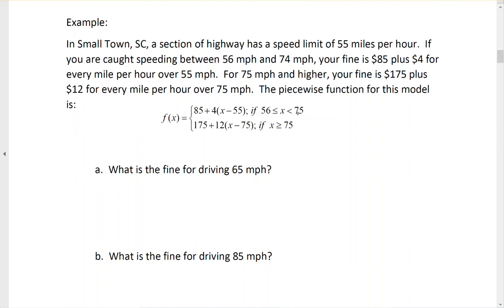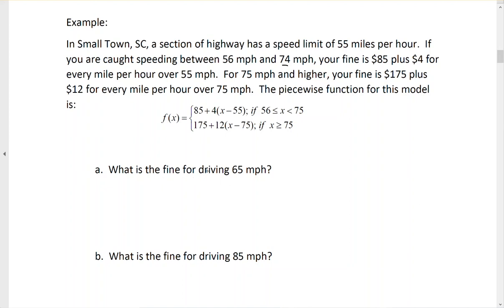So we're going to say less than 75 miles. Okay. So we're between 56, including 56, but not including 75. And then if it's greater than 75, your fine is $175 plus $12 for every mile per hour over 75 miles per hour. So that's what this x minus 75 is doing in that part.